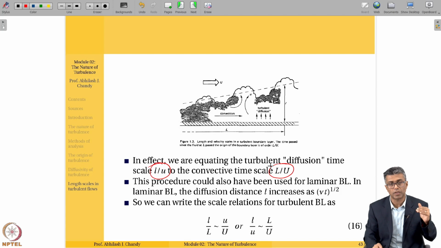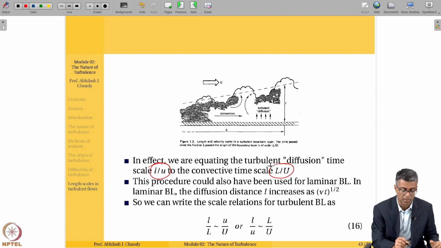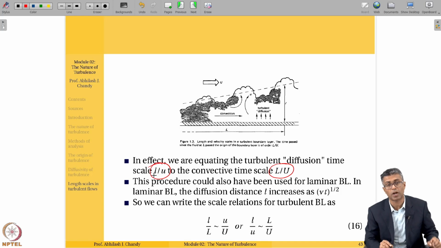Now we want to look at it in terms of time scales. So you have a diffusive time scale, which would be l over u. This small l is the diffusive length scale and small u is the characteristic velocity in the small scales.